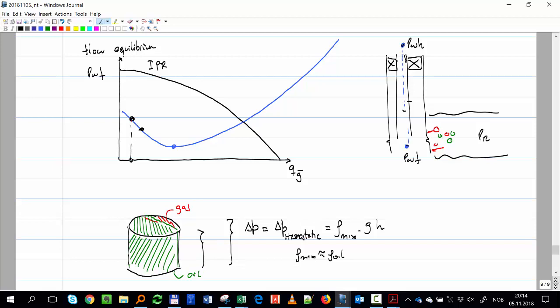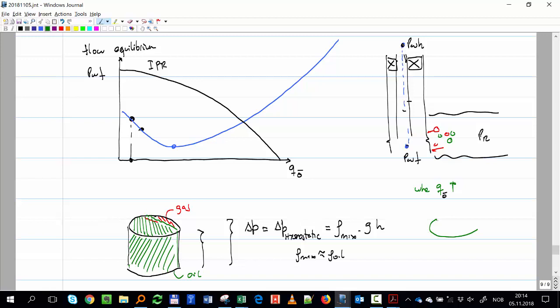When the velocity starts to be high, two things happen. The area occupied by the oil becomes smaller. This is when Q is increased. We are talking about an oil well, so we are saying Q oil. Not sure why I wrote Q gas. When Q oil is increased, two things happen.